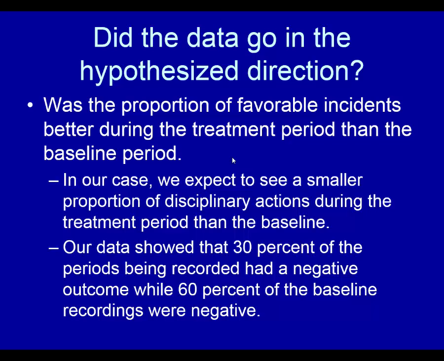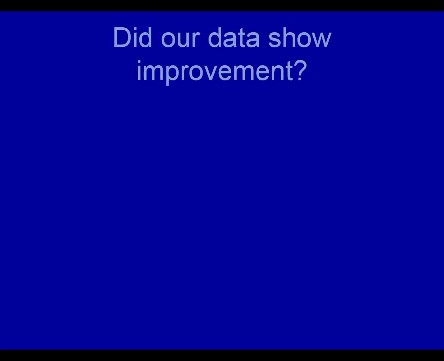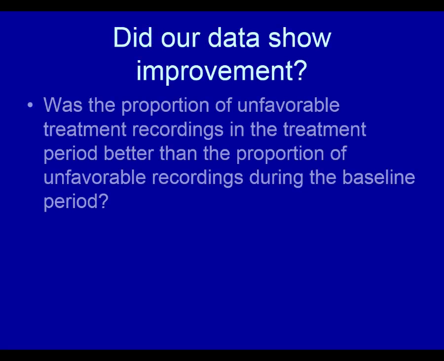Our data showed that 30% of the recordings during periods being recorded had a negative outcome, while 60% of the baseline recordings were negative. So we have a better proportion of favorable recordings.